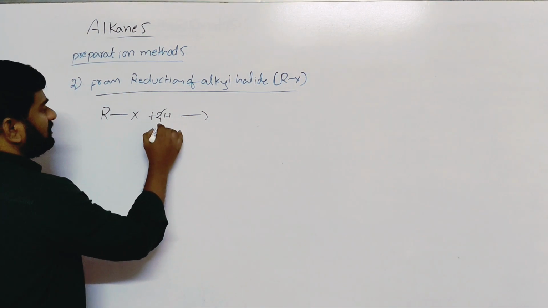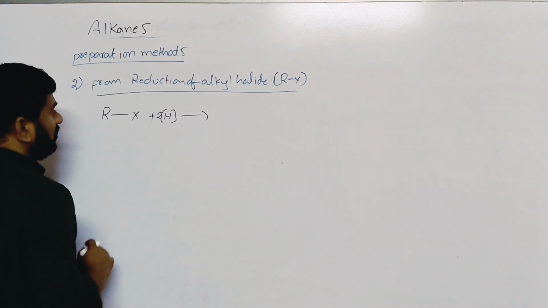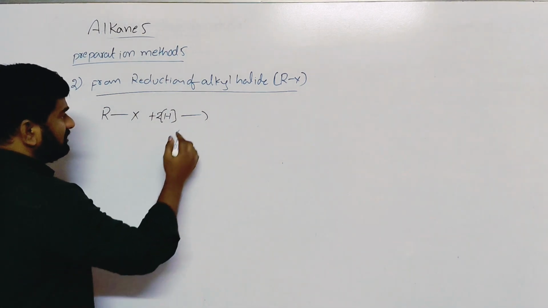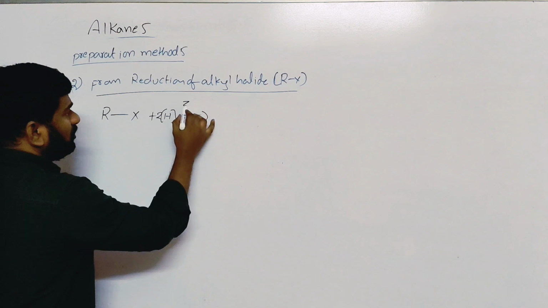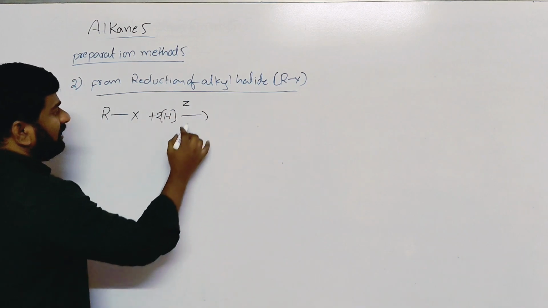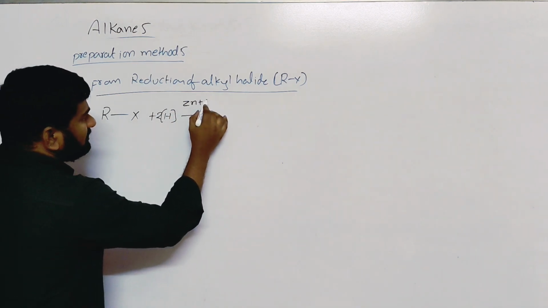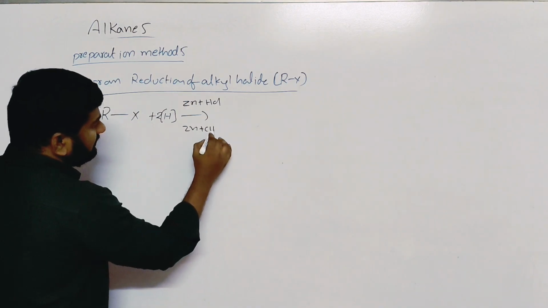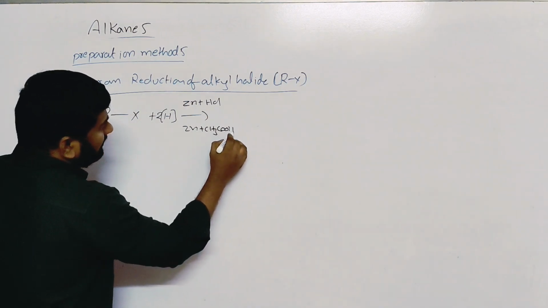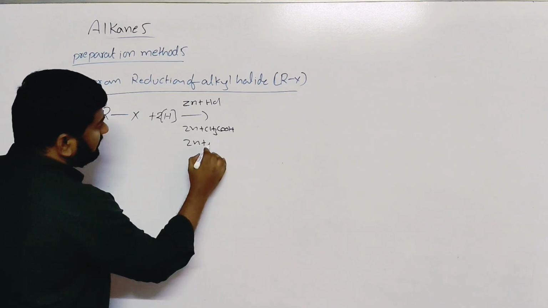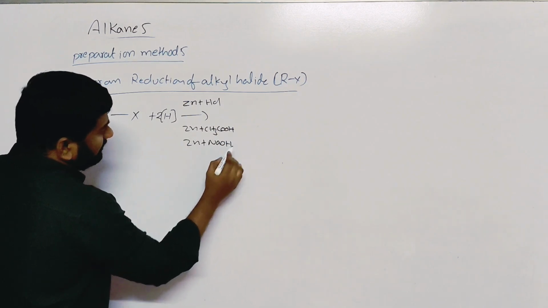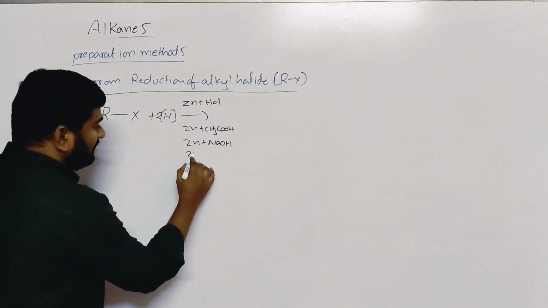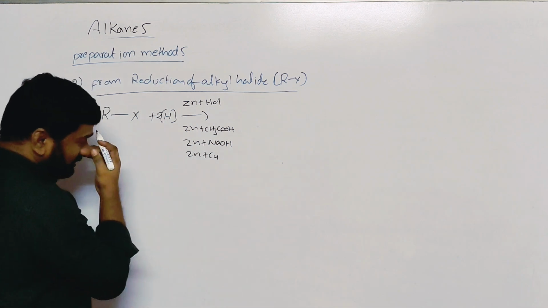Okay, so you take 2 hydrogens, because only one bond you have to break, so that's why you have to take 2 hydrogens. In the presence of which catalyst? Over here, so many you can take. Zinc plus acid, means zinc plus HCl. Zinc plus acetic acid, zinc plus base, zinc plus Cu.